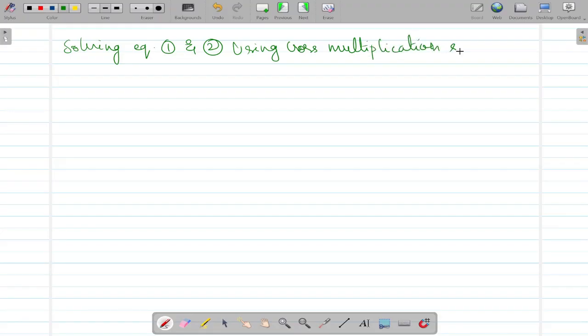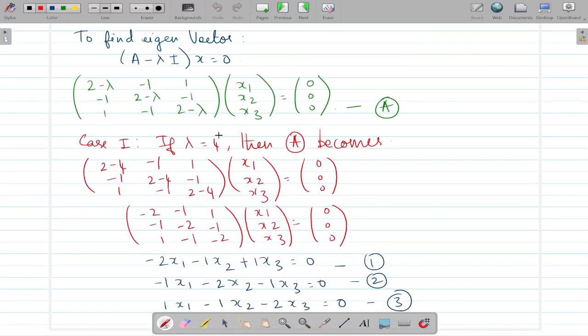Now by solving equation 1 and 2 using the cross multiplication rule, x1 divided by, you take the coefficient of x2 and x3 from equation 1 and the coefficient of x2 and coefficient of x3 from equation 2.